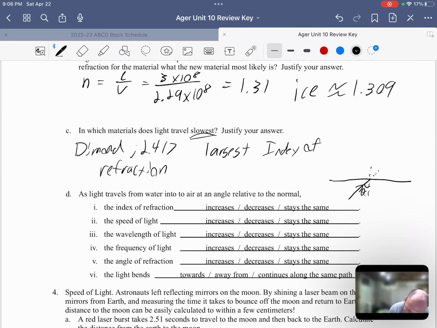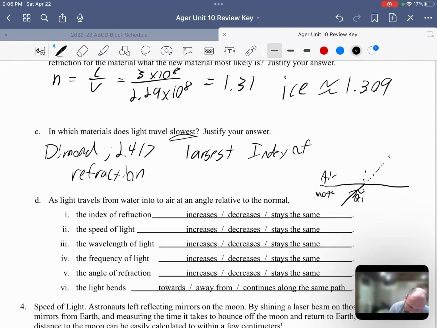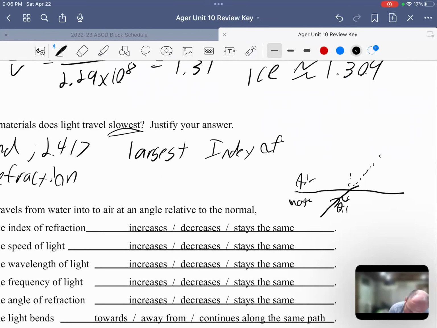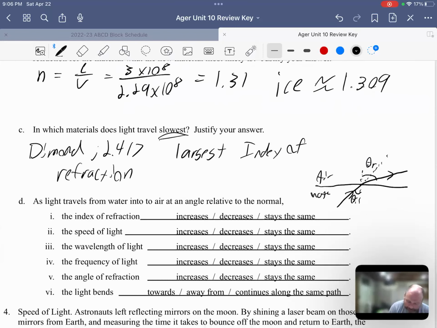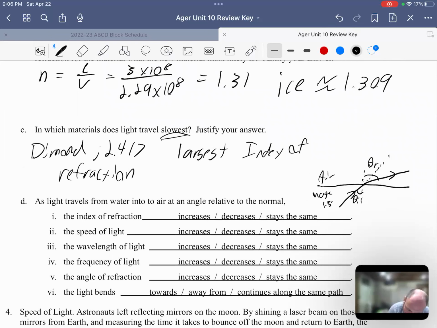And then if it went straight, it would do that. But since it's going from water into air, it's actually going to go over here. It's going to bend away from the normal and create a larger angle of refraction there. And that's because it's going from 1.33 into 1.0.